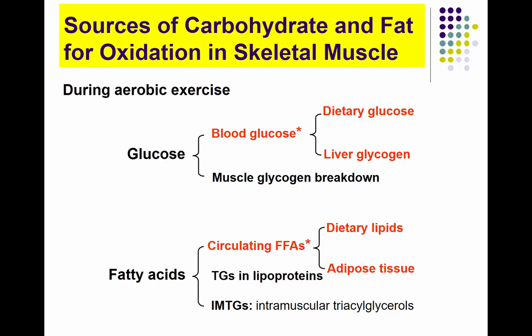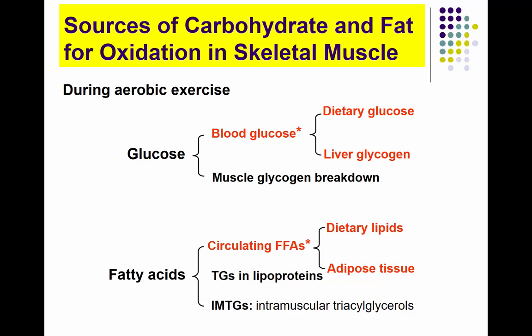All right. Okay. So sources of carbohydrate and fat for oxidation in skeletal muscle, and just to give you a little bit more detail on the energy source. For example, during aerobic exercise, again, I just try to test you.